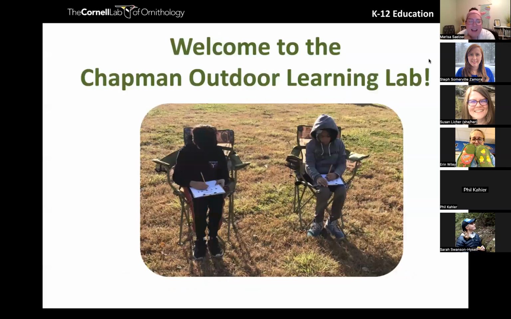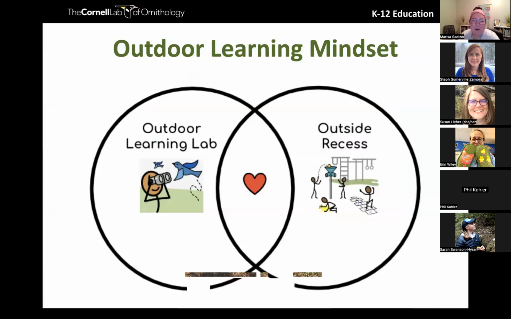So I have something at school called the Outdoor Learning Lab. My school's name is Chapman Elementary, and this is a picture of us in action in the lab. And one of the things that I think is the biggest help and makes such a difference when you're getting started is this simple Venn diagram that it's just developing this outdoor learning mindset.